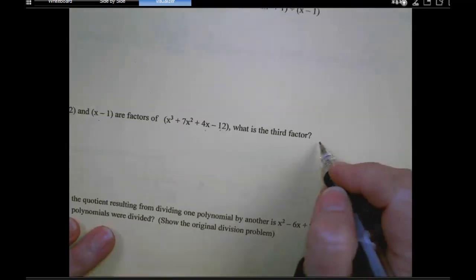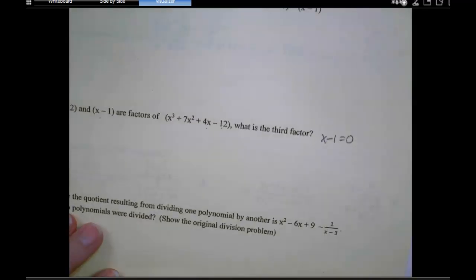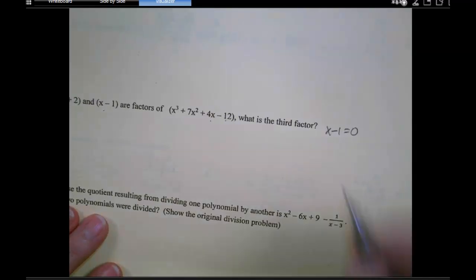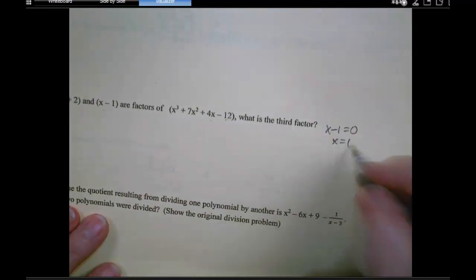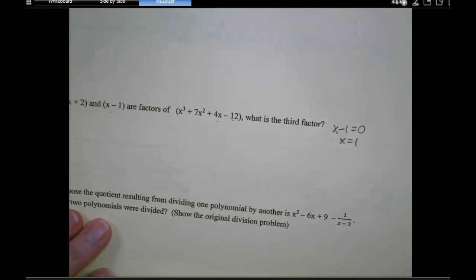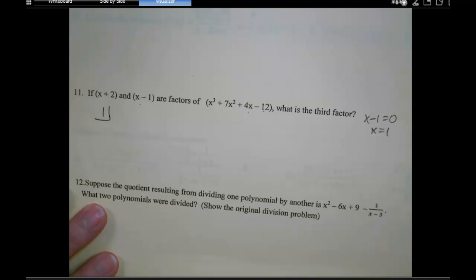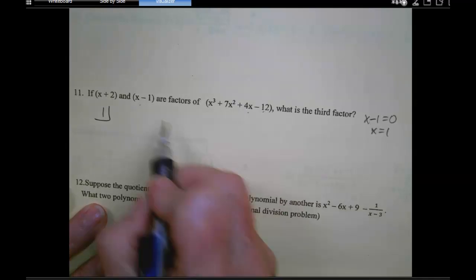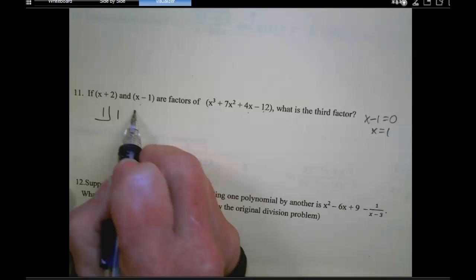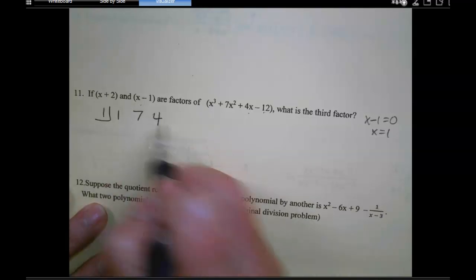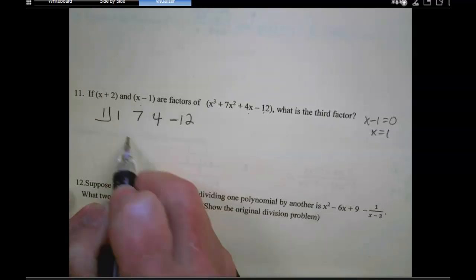It doesn't matter which one you choose. And so, if I did 1, I would do x minus 1 equals 0, which means I'm testing what number? I'm testing a positive 1. And when we test that, we put 1 like this. We write down our coefficients. So I get 1, 7, 4, and -12.